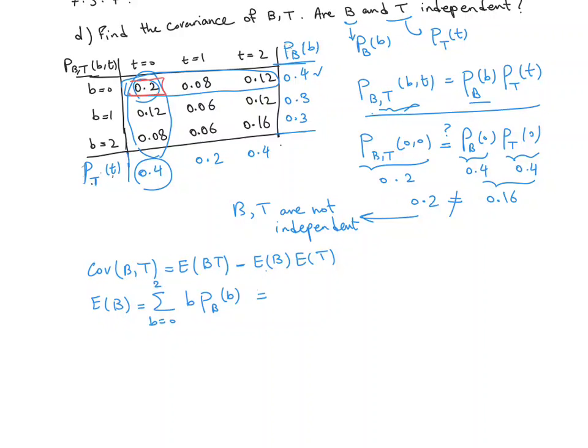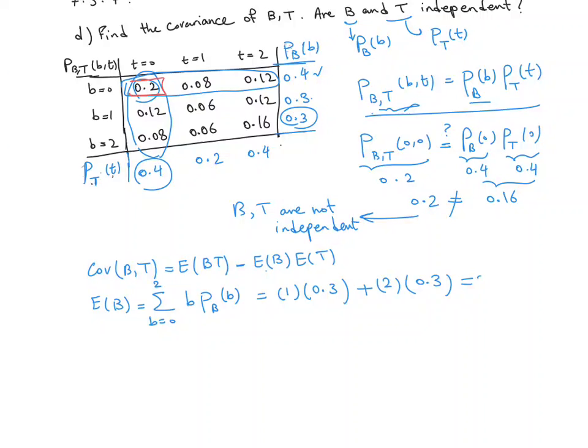For 0, because 0 times each probability is 0, we start from 1. 1 times the probability of B at 1, which is 0.3 from the table, and 2, the last possible value of B, times its probability, which is 0.3.